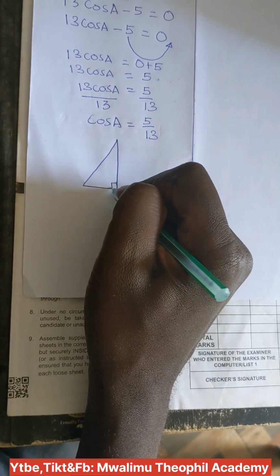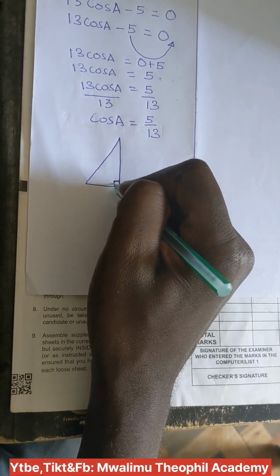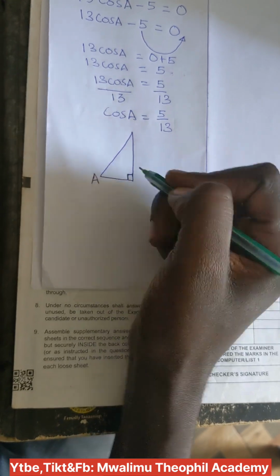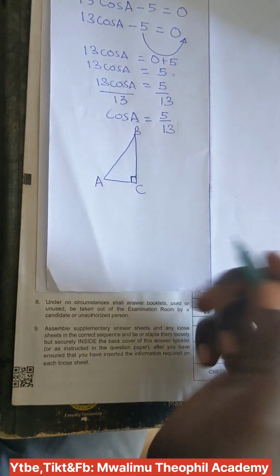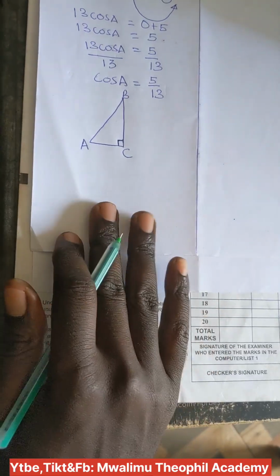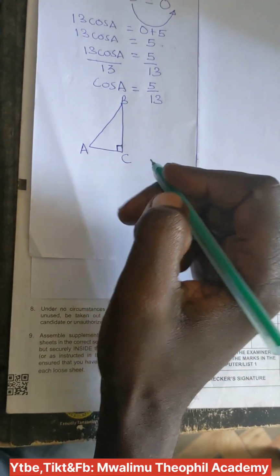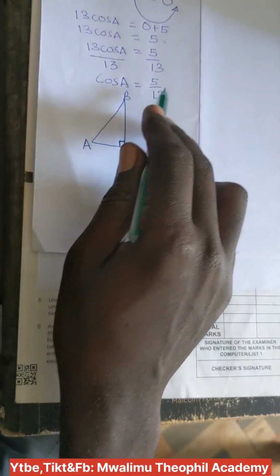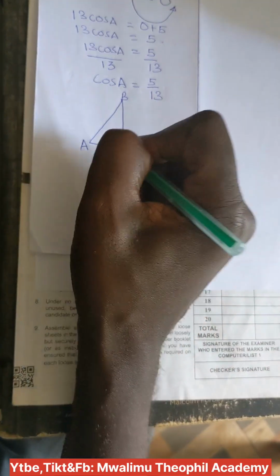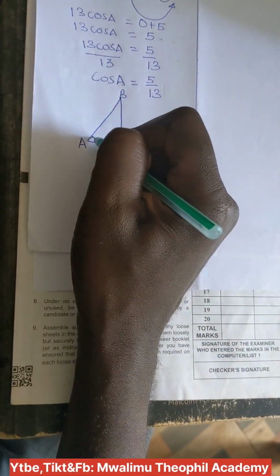This is a right angle here. Let's take this being angle A, this angle B, this angle C. Angle A is what is spoken of in this question, so we are speaking about this angle.